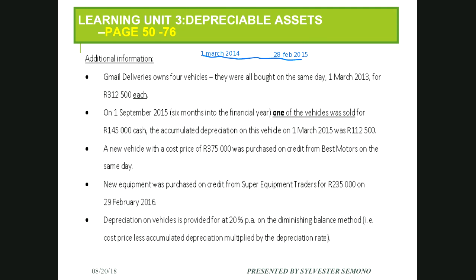Okay? How many months? Is it 12? Multiply by 20%. Yes, because the rate is 20%. It's 50,000.